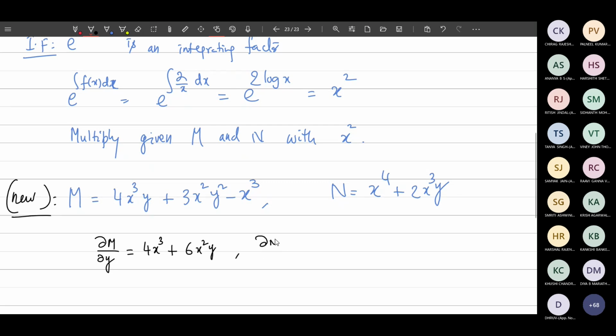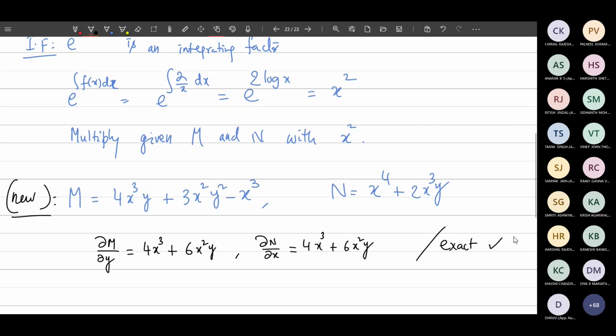And n with respect to x, if you check it, 4x cube plus, with respect to x, y is constant, 6x square y, therefore exact here. With these new values of m and n, because we have multiplied such a factor so that the equation becomes exact, that we call it as an integrating factor.